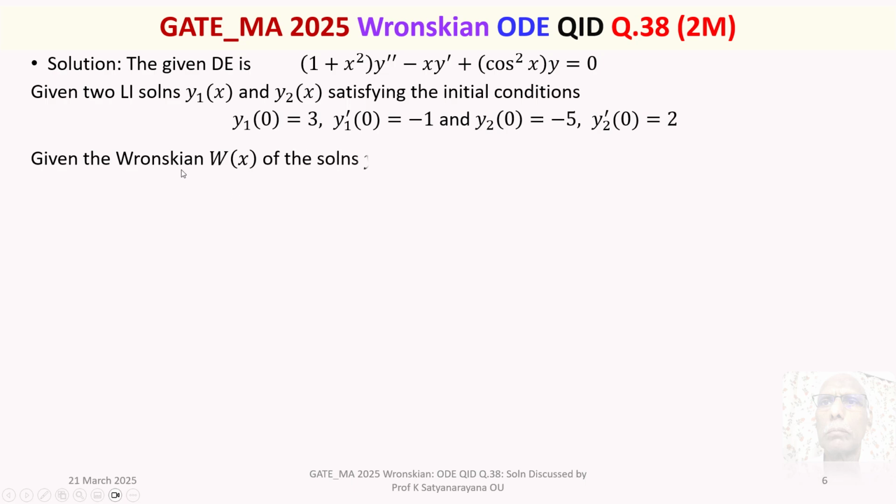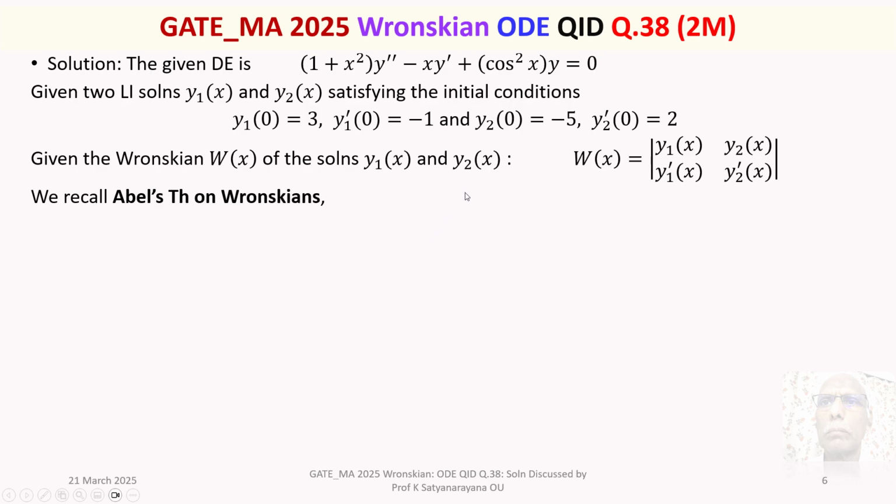The Wronskian, denoted by w of x, of the solutions y1 and y2 is defined as the 2 by 2 determinant whose first row is y1 of x, y2 of x, and second row is y1 prime x and y2 prime x.